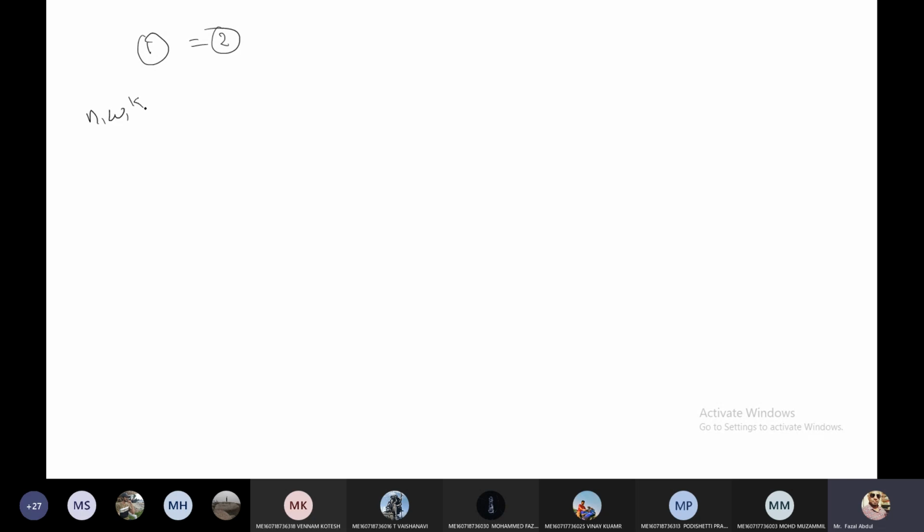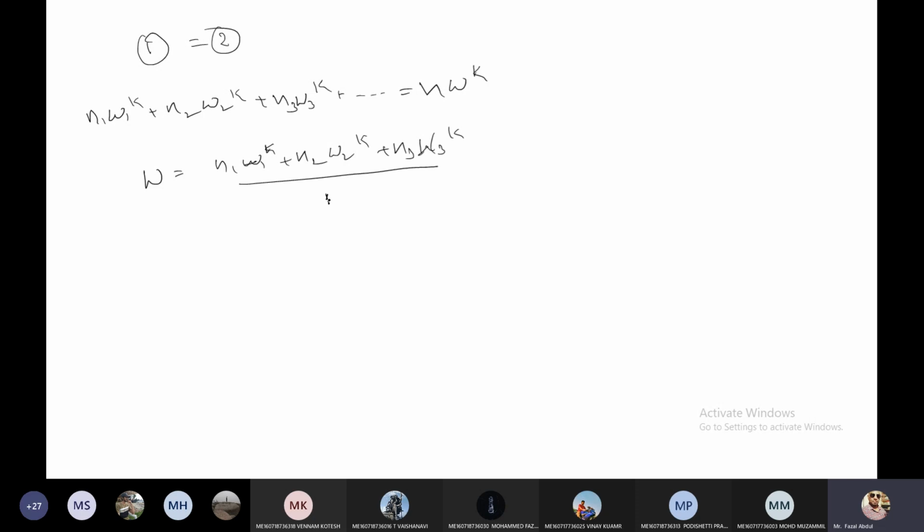N1 W1 power K plus N2 W2 power K plus N3 W3 power K plus so on equal to N into W power K. Now W equal to ((N1 W1 power K plus N2 W2 power K plus so on) by N) into power 1 by K. So this is the basic equation.